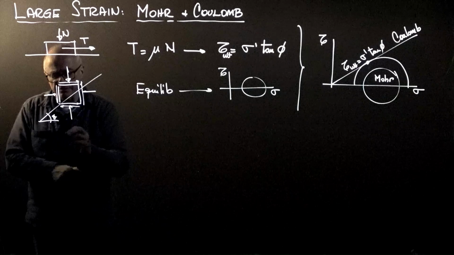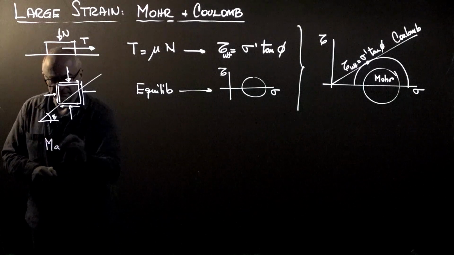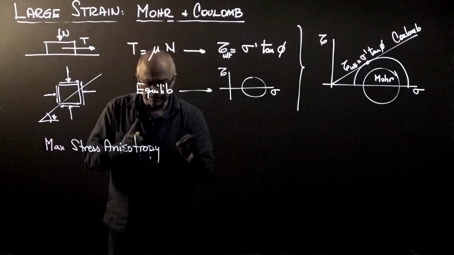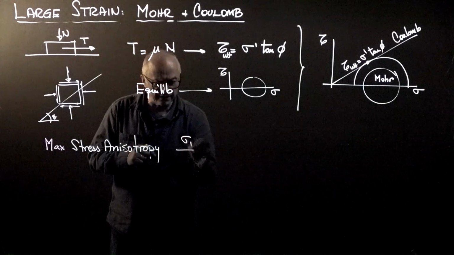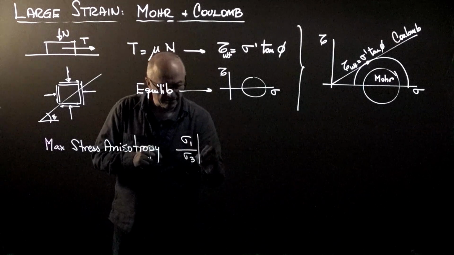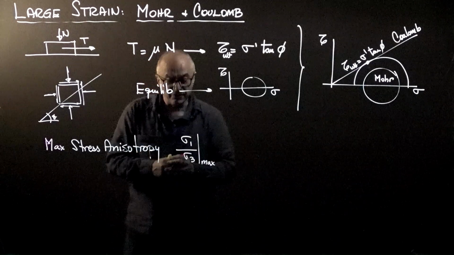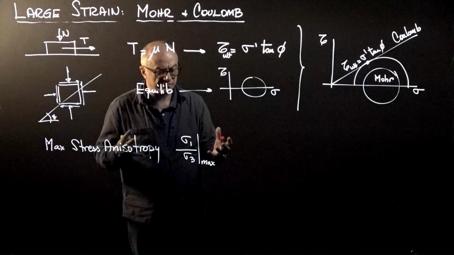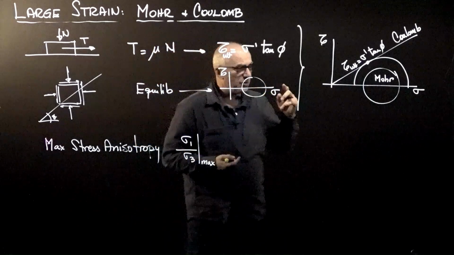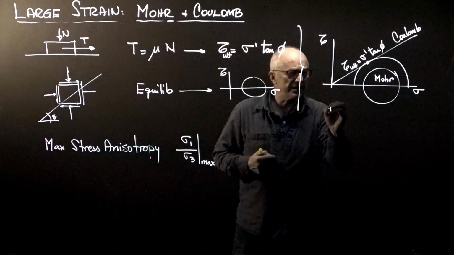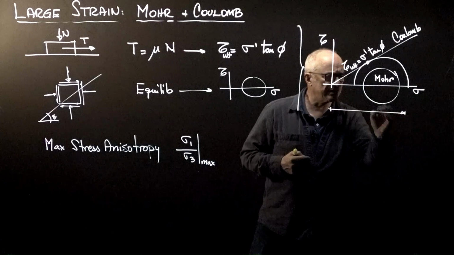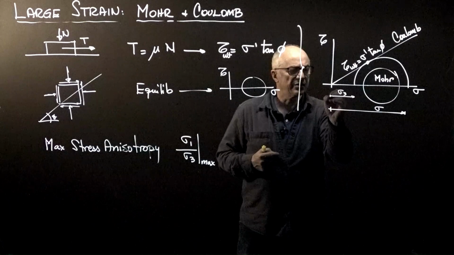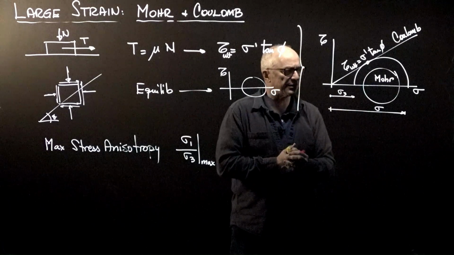What is the maximum stress anisotropy that a soil may experience? And so this is the question. What is sigma 1 over sigma 3 maximum for a granular material where the behavior is frictional? And so what we are asking is, how much is this quantity, sigma 1, compared to this quantity, sigma 3, when the circle is at failure?